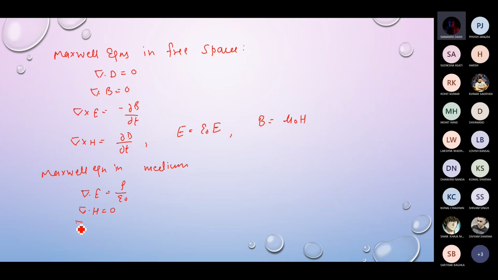So del cross E is equal to minus mu dH by dt, because B is equal to mu H. Okay, so this is the third one, and the fourth one is del cross H is equal to J plus epsilon dE by dt. Here we have made the change because we know that D is equal to epsilon E in case it is a medium, and B is equal to mu H in a medium. Okay, so this is all about Maxwell equations.